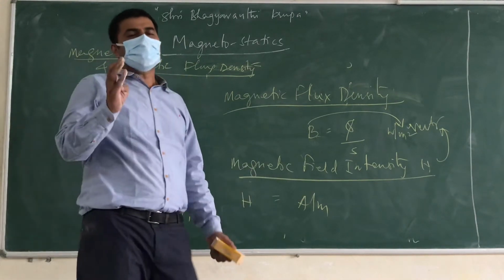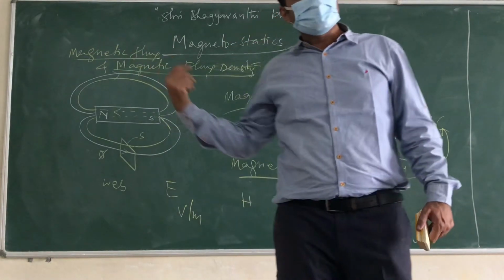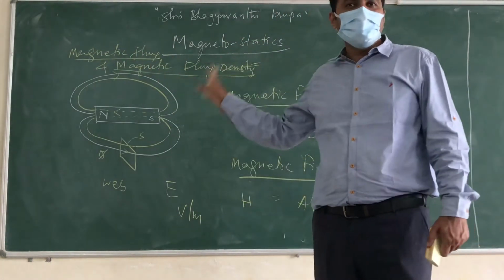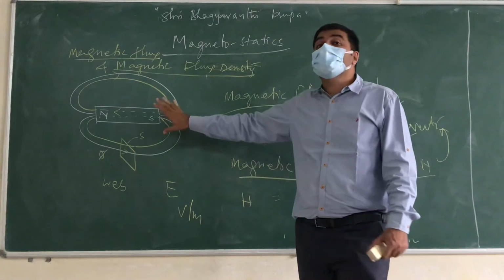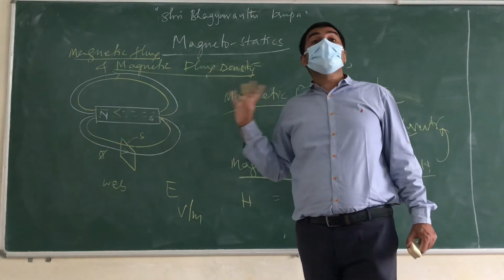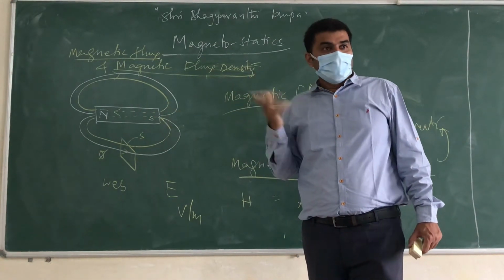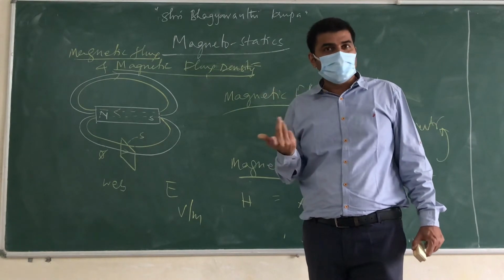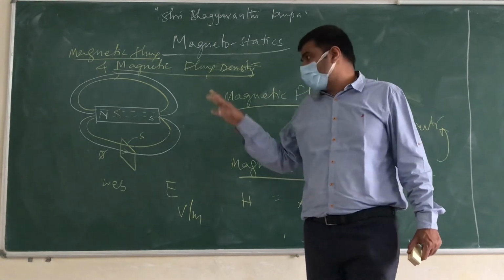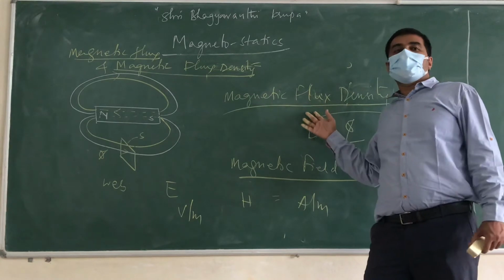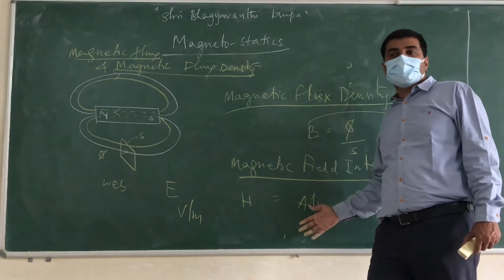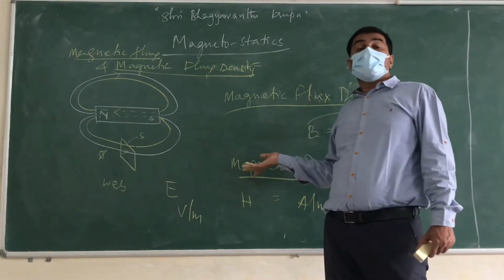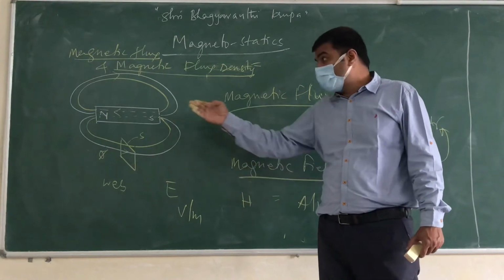Now, we studied the basic analogy between electric and magnetic field, and all these things I defined using a permanent magnet. We are not considering a permanent magnet anywhere, is it or not? But to define what is magnetic flux density, magnetic field intensity, magnetic flux lines, I took this.